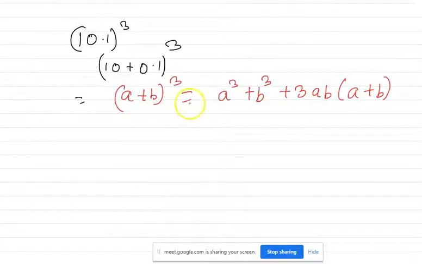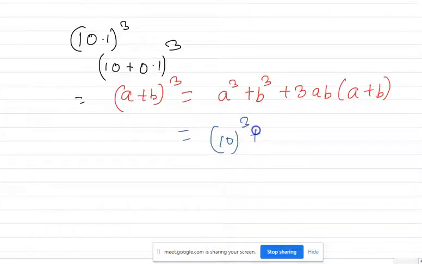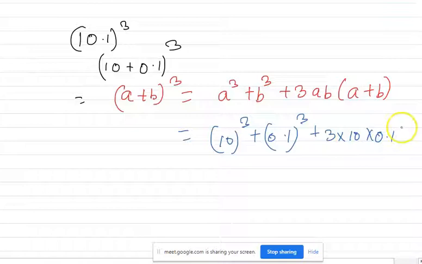What is A? 10. So 10 whole cube. What is B? 0.1 whole cube, plus 3. What is A? 10. And what is B? 0.1. And A plus B is 10 plus 0.1. Now we'll solve it.